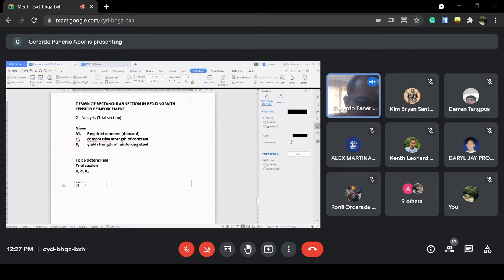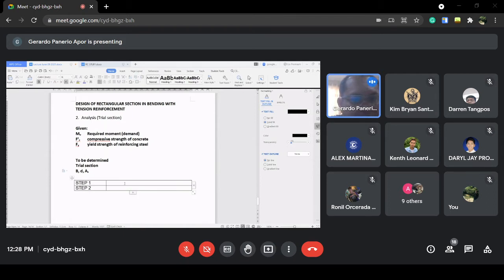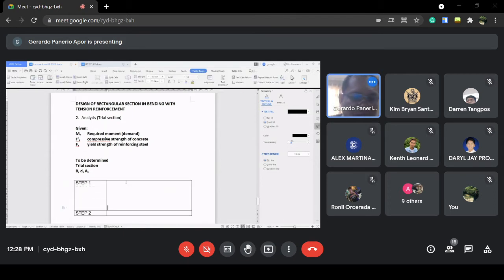I have step 2. Okay, step 1: draw trial section. So, trial section.